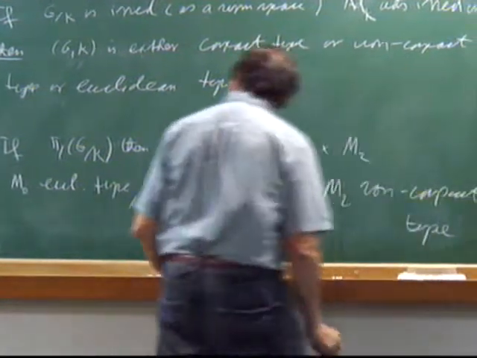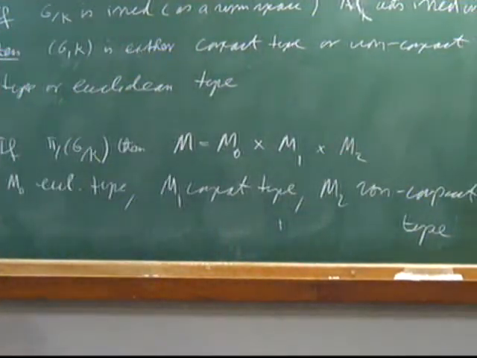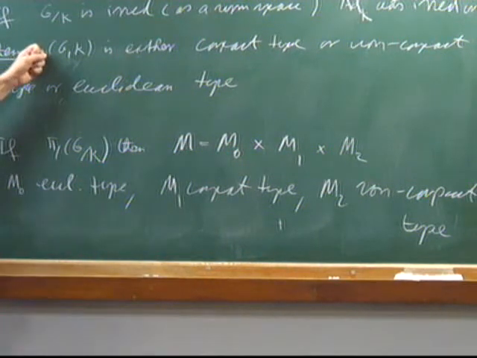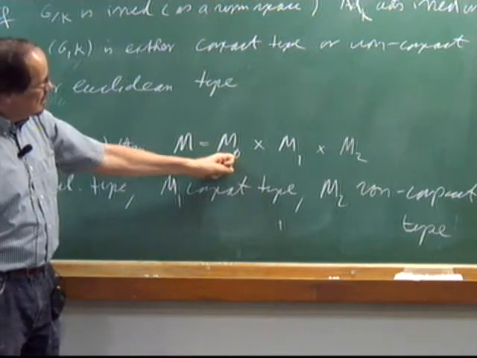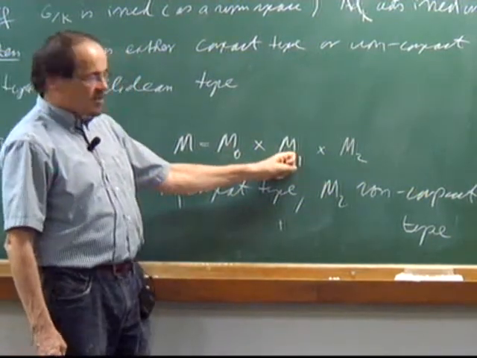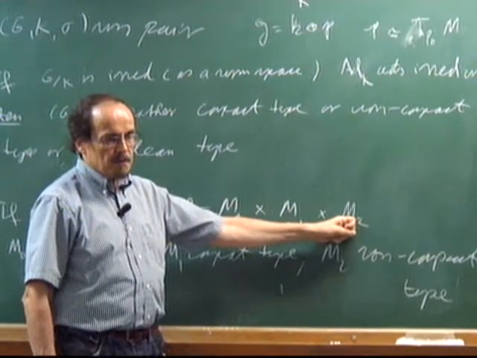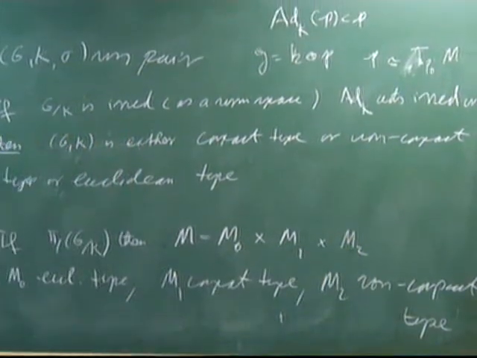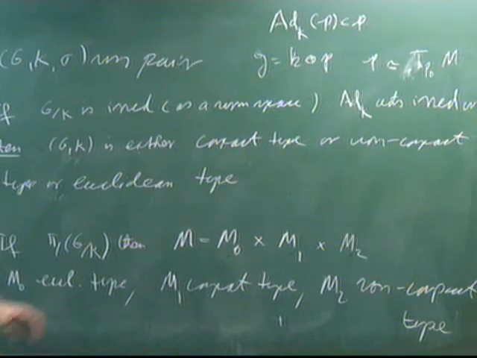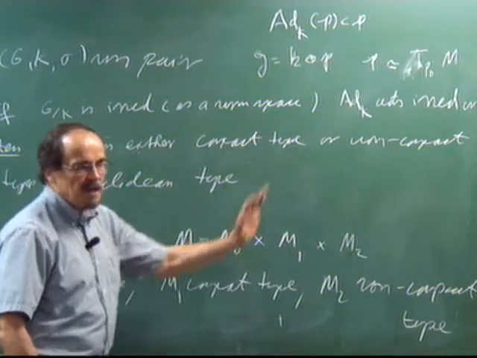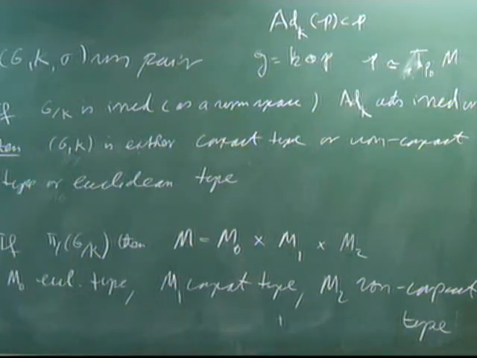From our general theory, we knew that every simply connected symmetric space can be written as a product of irreducible ones, and an irreducible one is of one of these types. So here, collect the Euclidean types, and collect all the factors which are compact type, and all the factors which are non-compact type. So now I have a product. Therefore, it's sufficient to understand the types. Understand the types, and you understand the symmetric spaces, up to coverings.